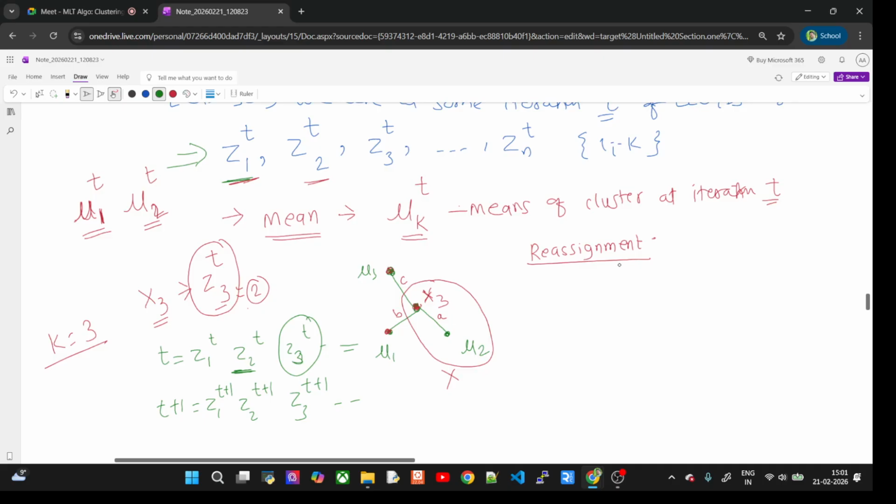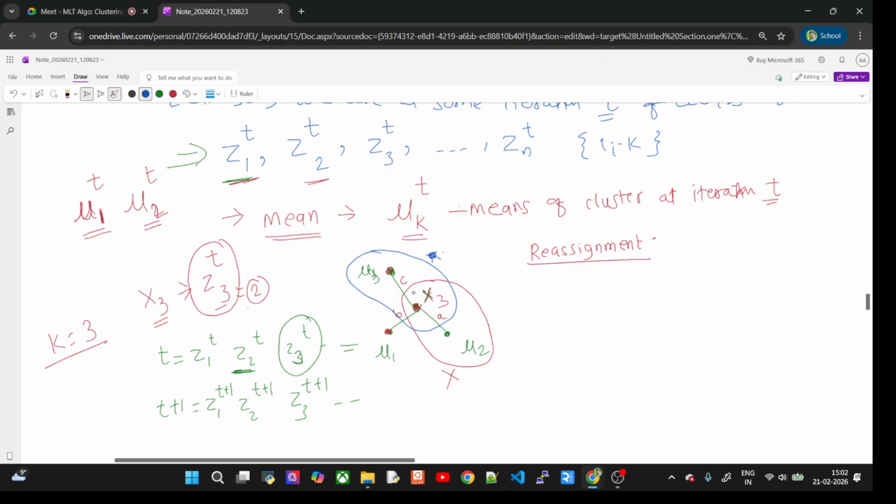So now, for example, x3 went to mu3. He thought that this group does not belong to me, I want to go to another cluster, the blue colored one.